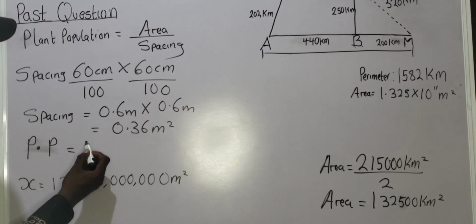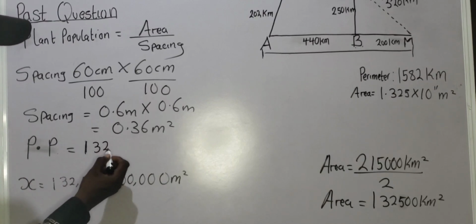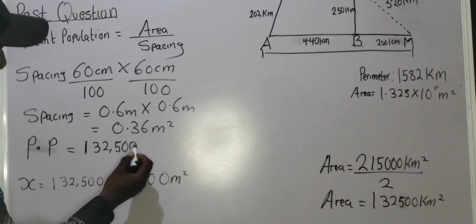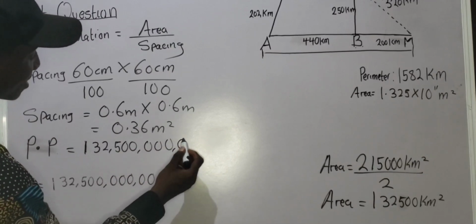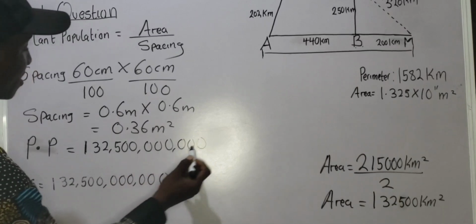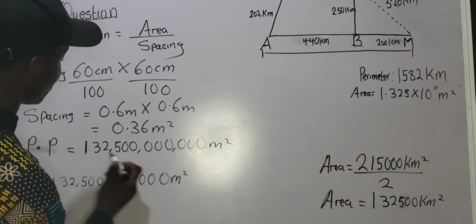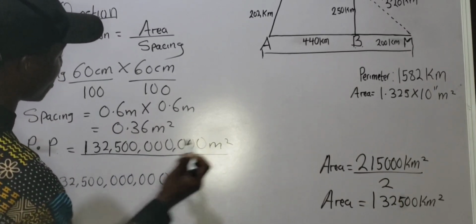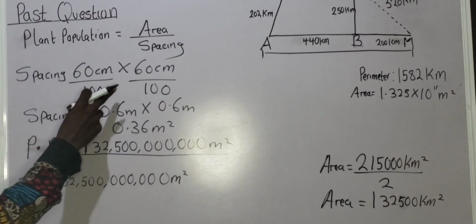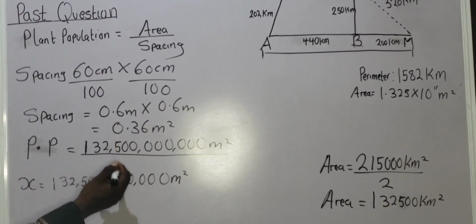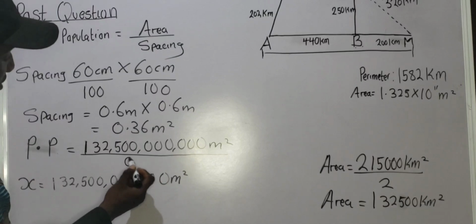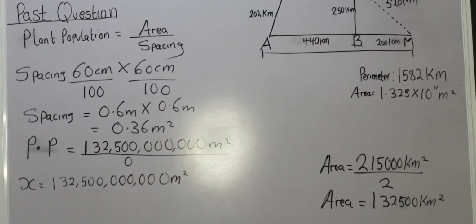Area is 132,500 meter squared all over the spacing. The spacing is what? That's what I just converted. That is 0.6 meter squared. So I'm gonna have 0. Okay, let me clean this. Let me erase this.